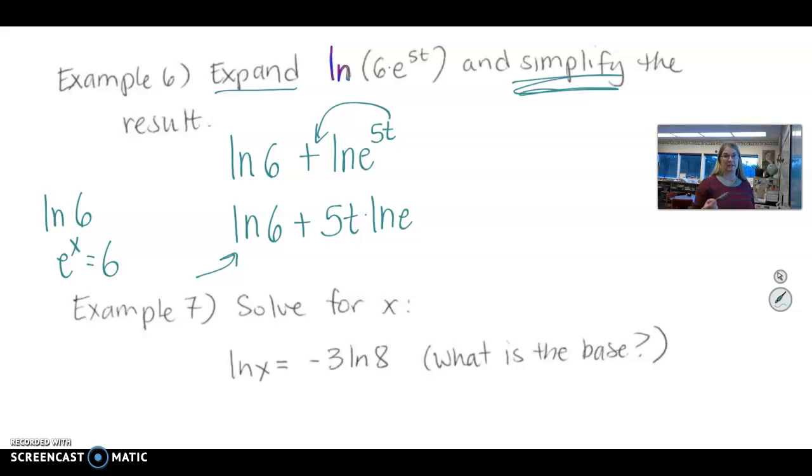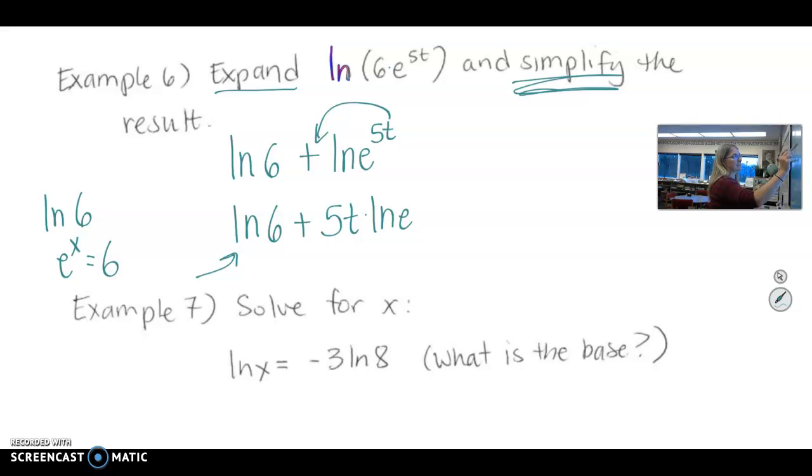On your calculator, the ln button, I think we went over that last video, ln is right below the log button, and it has base e. So your calculator can only deal with two bases, base 10, which is called a common logarithm, and base e, which is the natural logarithm. So ln of 6 doesn't simplify at all.